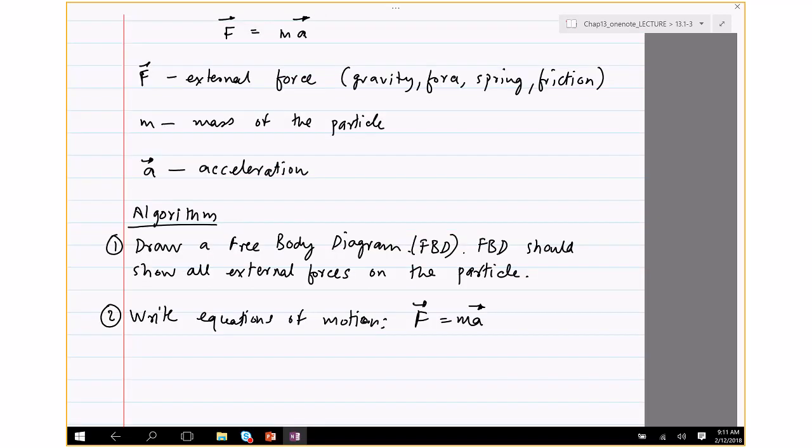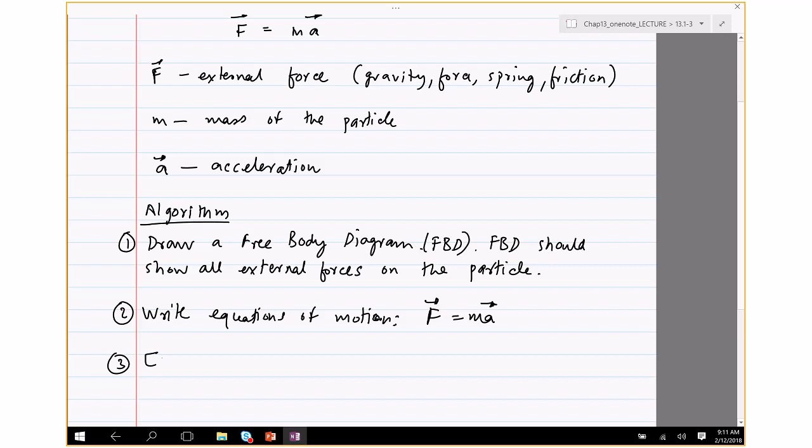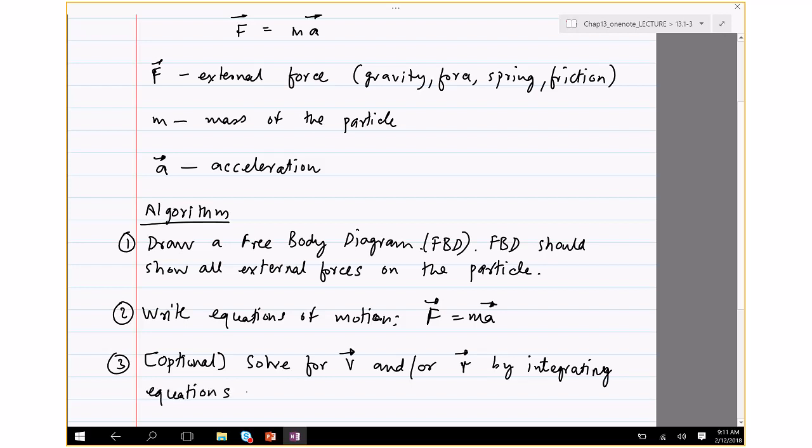And then finally, the third step, and this is optional, it depends on the problem you get, is to solve for the velocity or the position by integrating equations of motion.